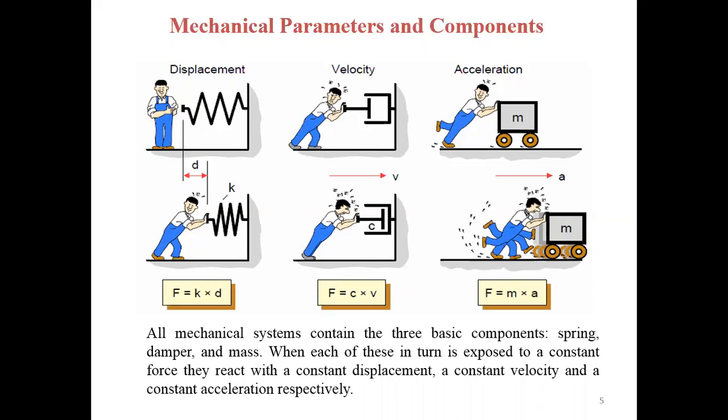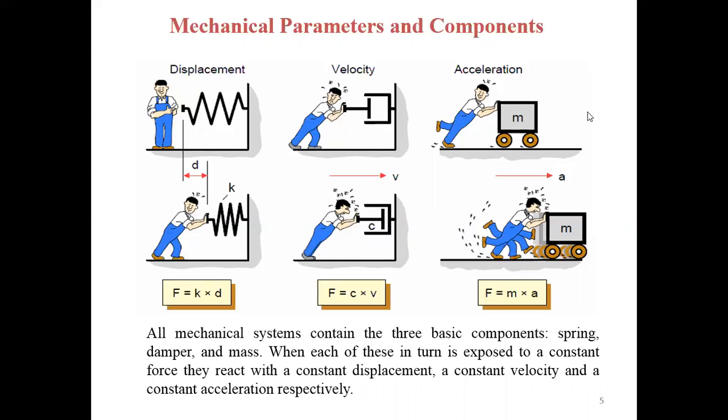While the external force which is exerted on the damper, then the damping coefficient or damping capacity of the damper is stored as damping energy in the damper, called the resisting force. And if you are applying the external force to the mass, then the acceleration produced by the mass is a force, right?